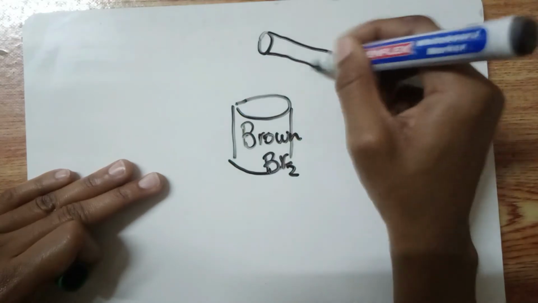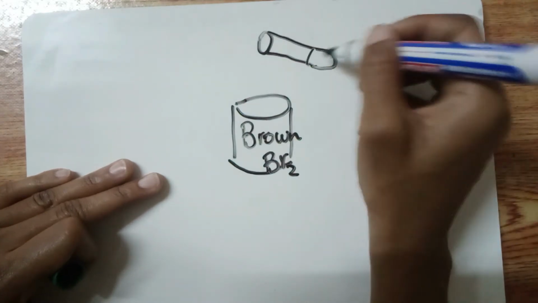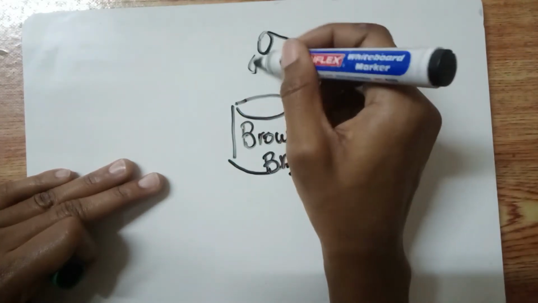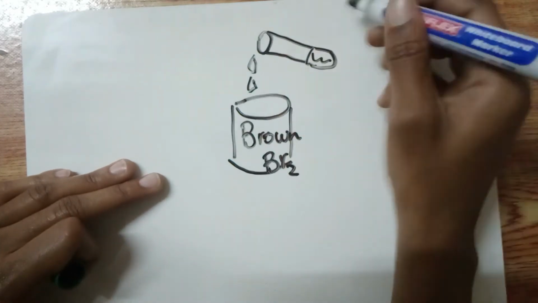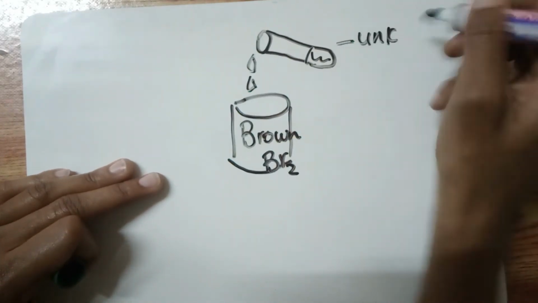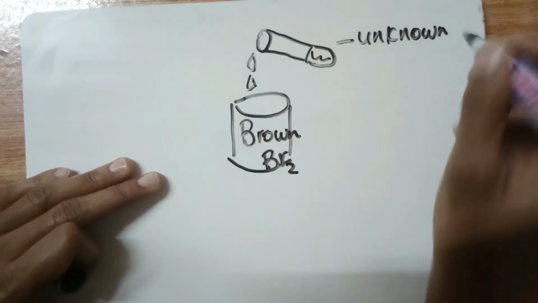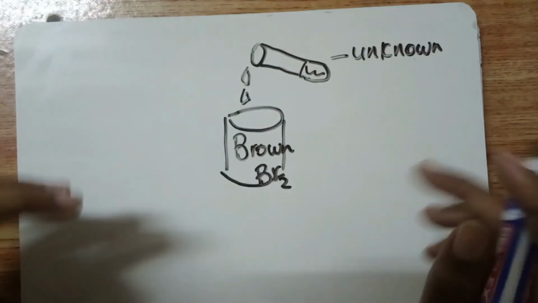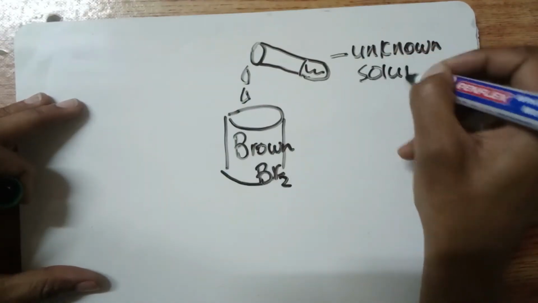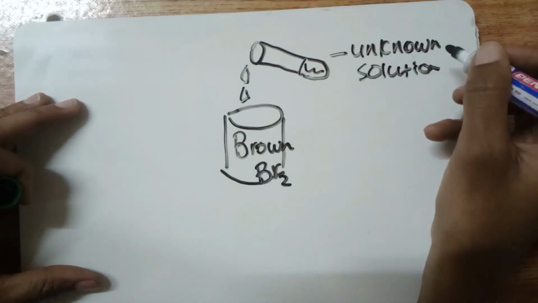So you had your test tube there maybe, and then you're going to add an unknown solution, so you drop it in here. We don't know whether this is saturated or unsaturated, so it can be either.